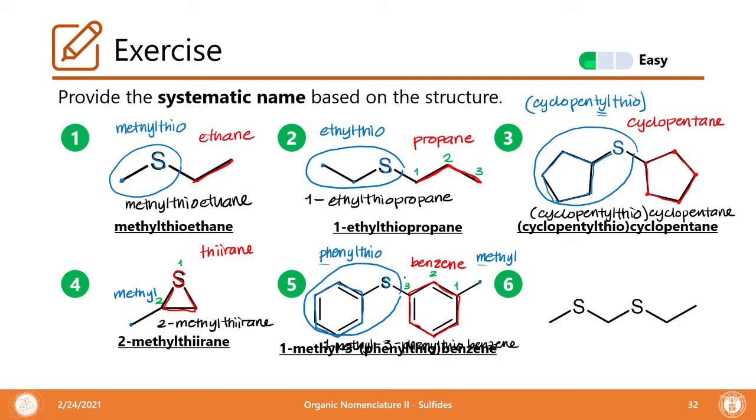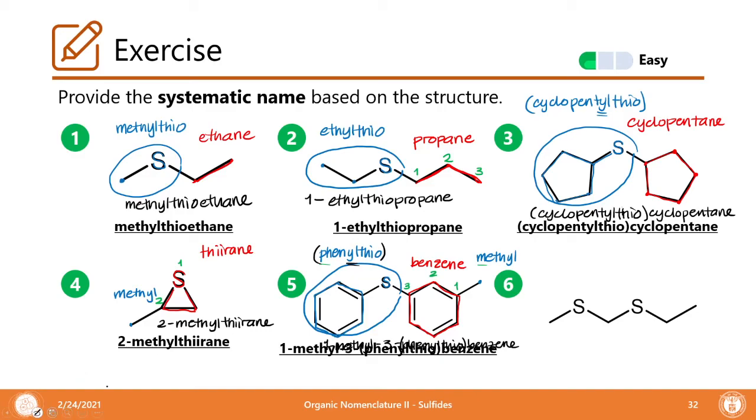I forgot the parentheses. Once we use phenyl thio as a substituent, it goes in parentheses: 1-methyl-3-(phenyl thio) benzene. You can confirm that in our slides.